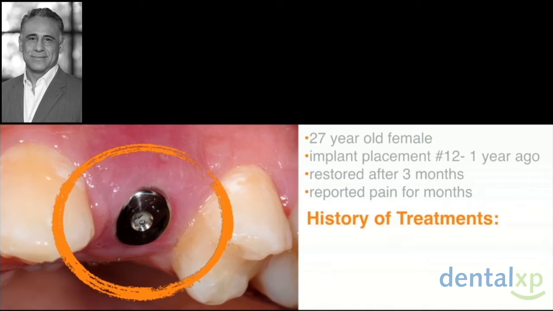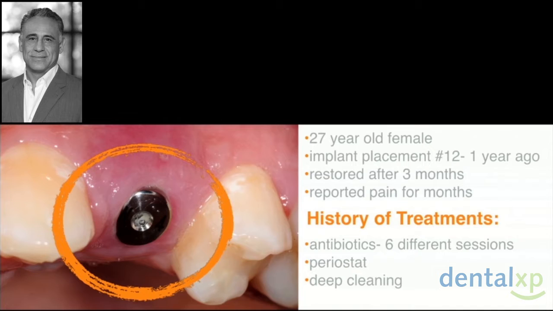The history of treatment is that she underwent a series of antibiotic sessions, 6 different sessions, and she also had periostat treatment done, as well as deep cleaning several times in an attempt to control her symptoms, and ultimately the restoration was removed by her dentist.